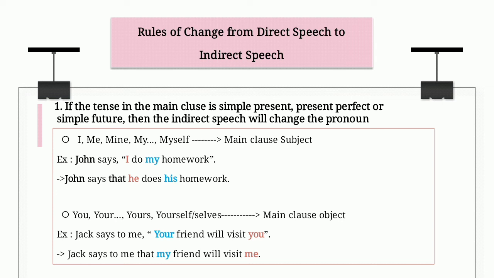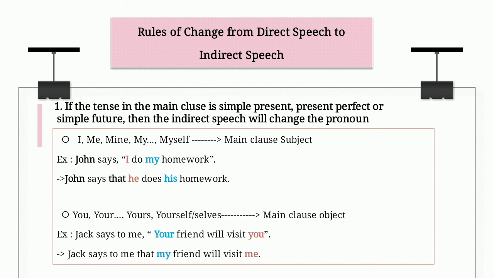And then the main clause object is you, yours, yourself, or yourselves. For example, in a direct sentence, Jack said to me, "Your friend will visit you."